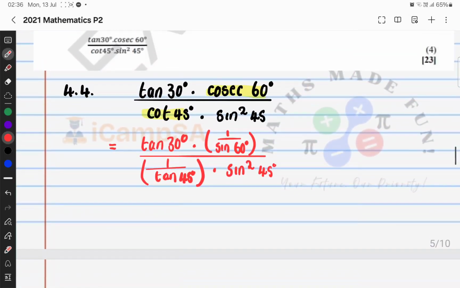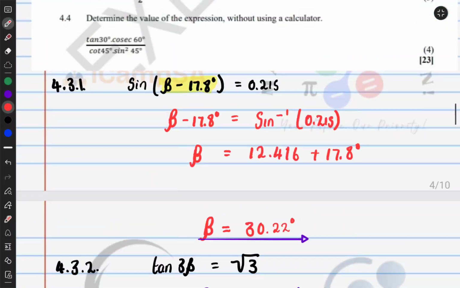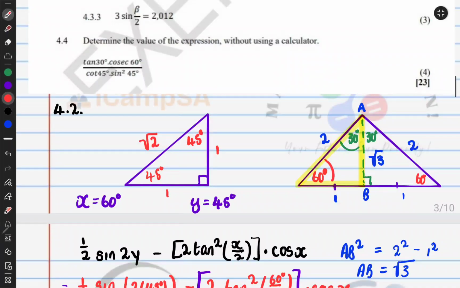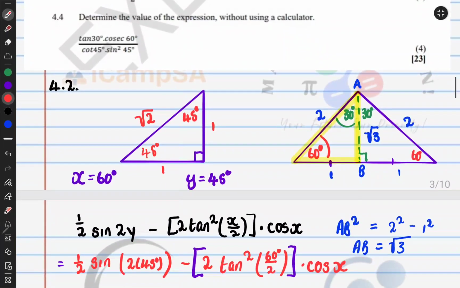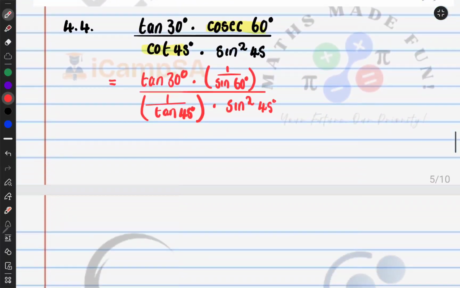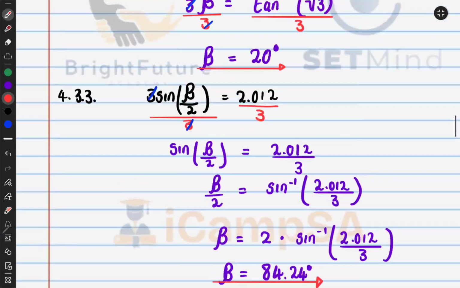Okay, so what is tan 30 degrees? We already have our special triangles. Tan 30 is opposite over adjacent, so it's 1 over root 3. So tan 30 is equal to 1 over root 3, multiplied by 1 divided by, what is sine 60?